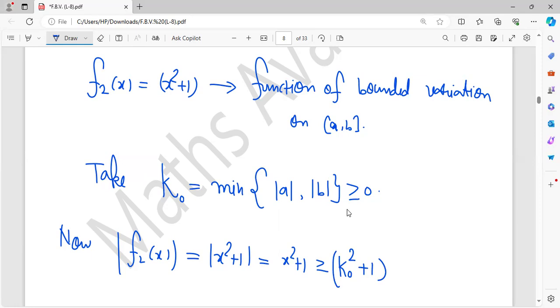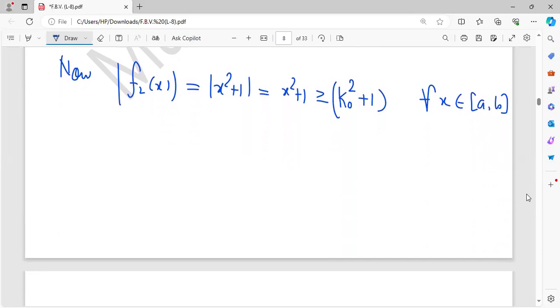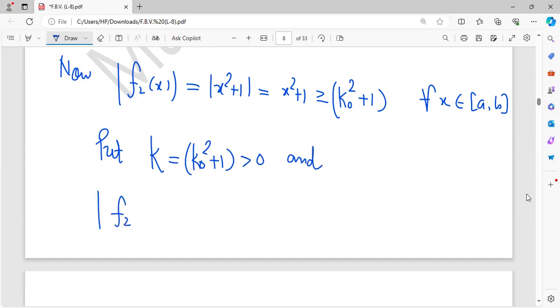Because I am taking the minimum here, it will be satisfied for all x belonging to the closed interval [a, b]. Now take k. Put k is equal to k naught square plus 1. Because k naught is greater than or equal to 0, it is greater than 0. And f2(x) is greater than or equal to k for all x belonging to [a, b].